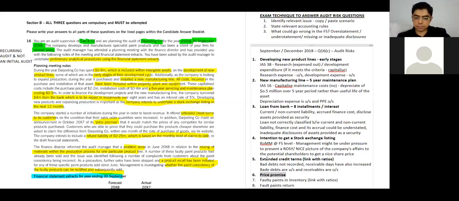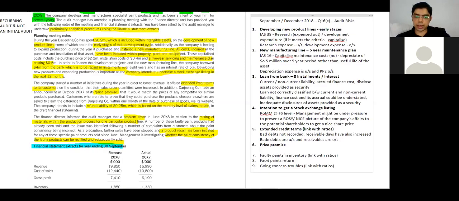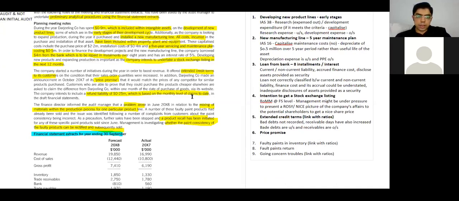Price promise. Price promise is another issue that you need to take care of. With the price promise, what is the issue? That you would have to carry a refund liability all the time. And if you're carrying a refund liability, the computation is judgmental, prone to error.